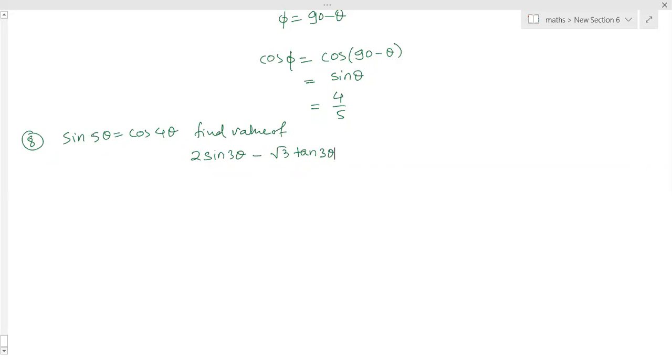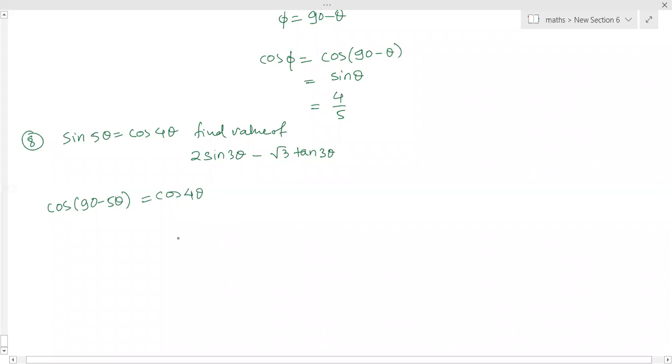Ma'am, sine 5 theta can be written as cos 90 minus 5 theta. Cos 90 minus 5 theta equal to cos 4 theta. So 90 minus 5 theta equals 4 theta. Theta is equal to 10.